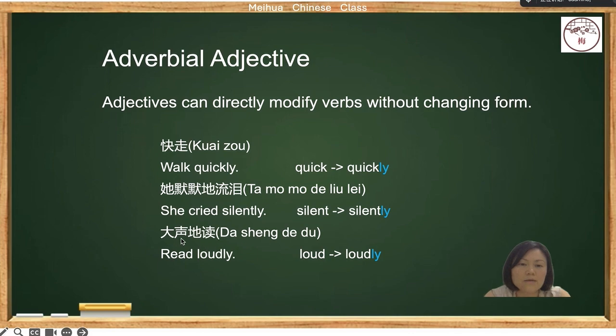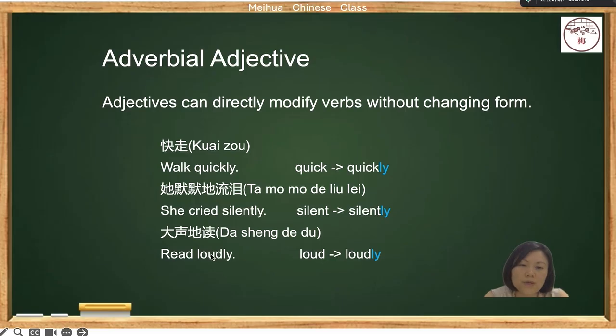The last example, 大声的读。大声的 means loud. 大声 is an adjective in Chinese. 读 means read, it's a verb. In English, it means read loudly. Here, loudly, it's not loud.